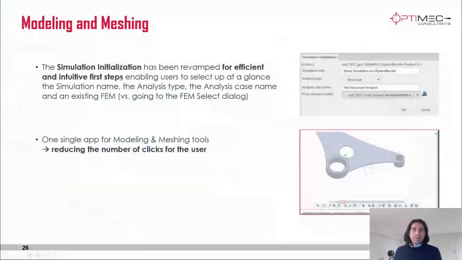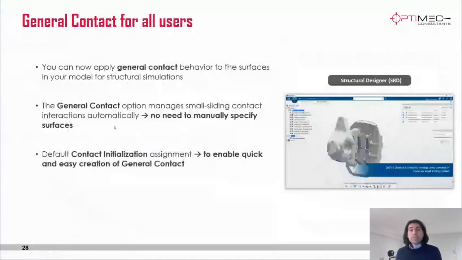All right, so this slide is about general contact for all users. For those of you who are not familiar with general contact, I think the crowd knows pretty much what general contact is. But essentially, it's a contact algorithm that's the flagship of Simulia solutions.